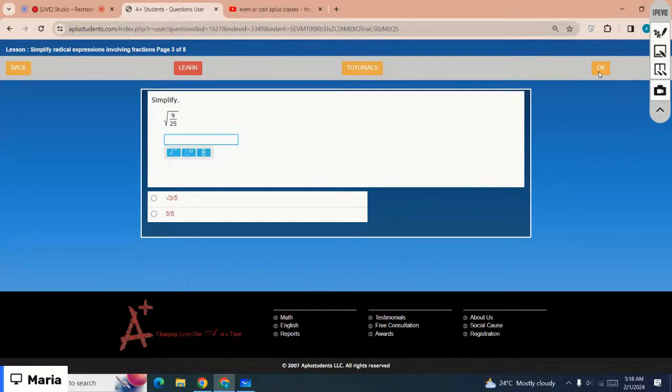That is 3 over 5, right? Option number 2 is the correct option. Very good. That is the second one, 3 by 5. Because you can factor 9 as 3 times 3 and 25 as 5 times 5. So you are left with 3 over 5.